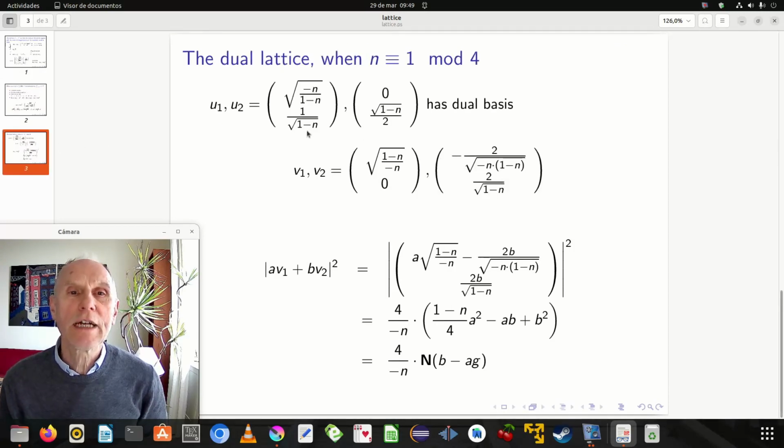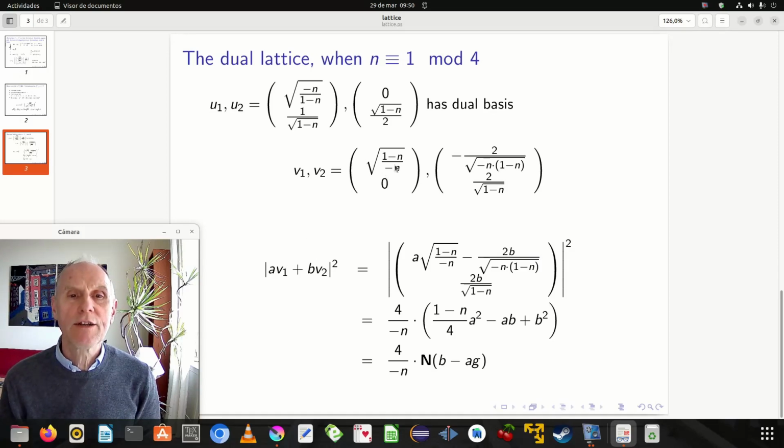How about the dual lattice? So the discriminant is square root minus n halves, so we can find the dual basis easily. And then I want to find the scalar product here of a vector with itself. What does it give?